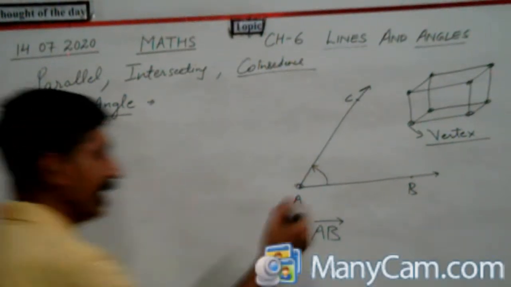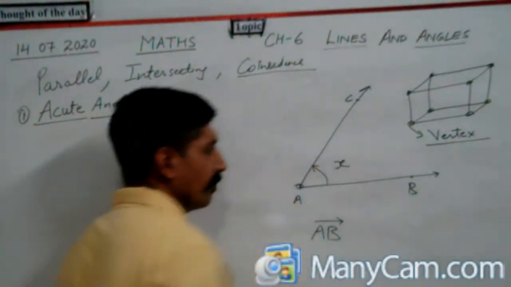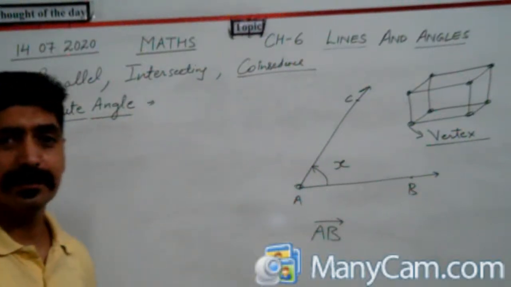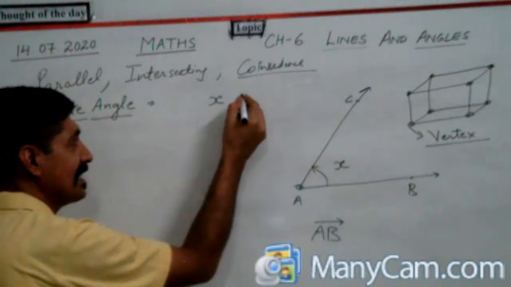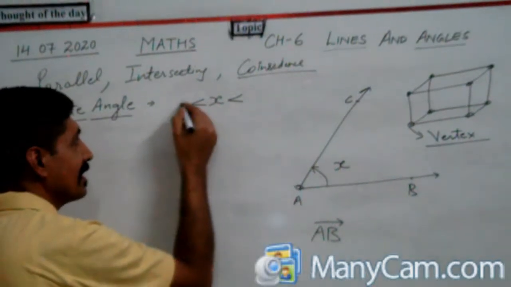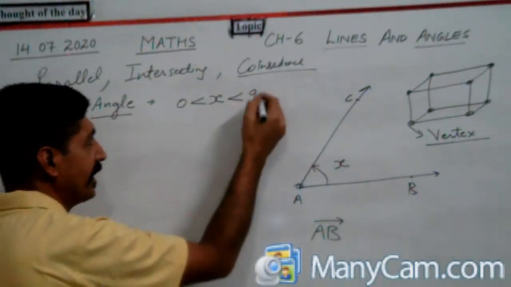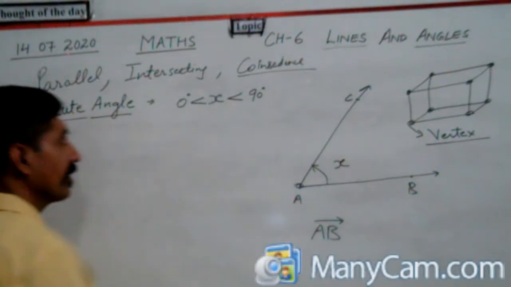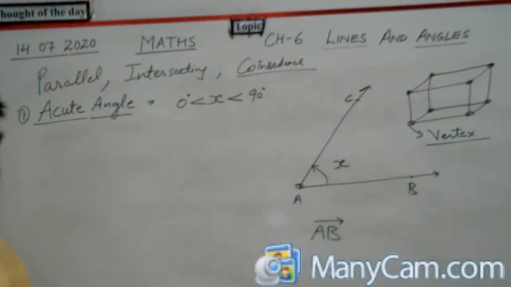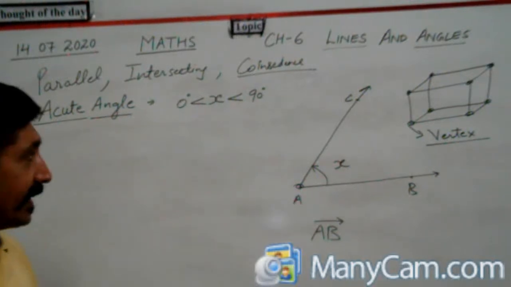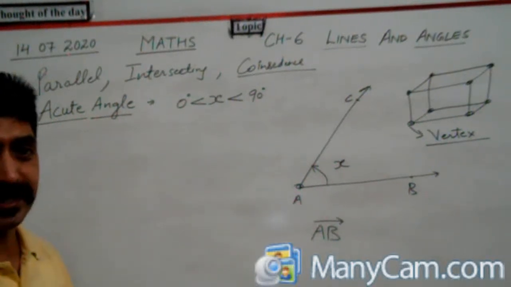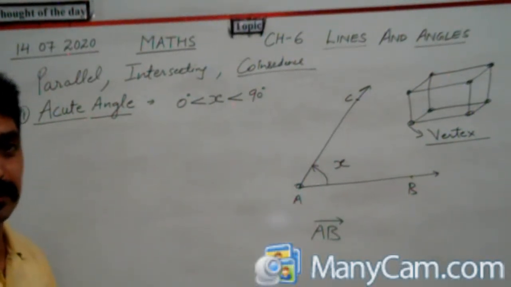Any angle x will be an acute angle if x lies between 0 and 90 degrees, right? If the angle x is less than 90 degrees and greater than 0 degrees, it is called an acute angle.